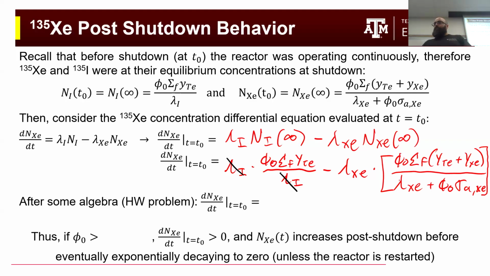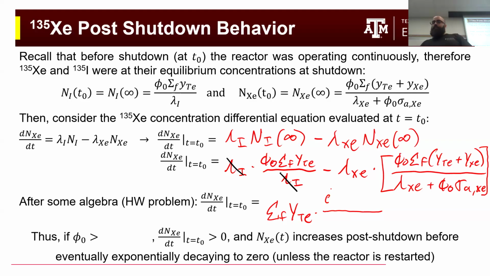What you're basically going to do is take these equations and do some algebra to get this into a form that looks like sigma f times the yield of tellurium, and then you're going to have this big fraction.